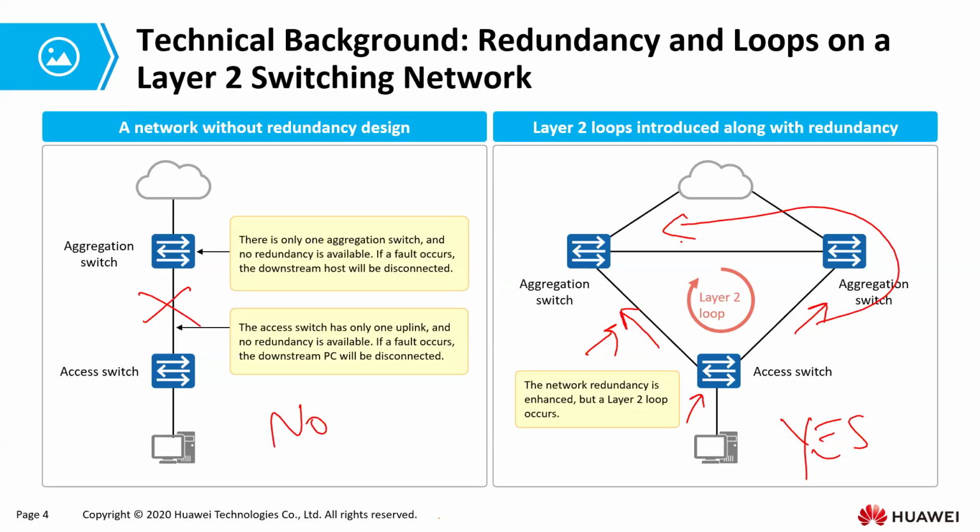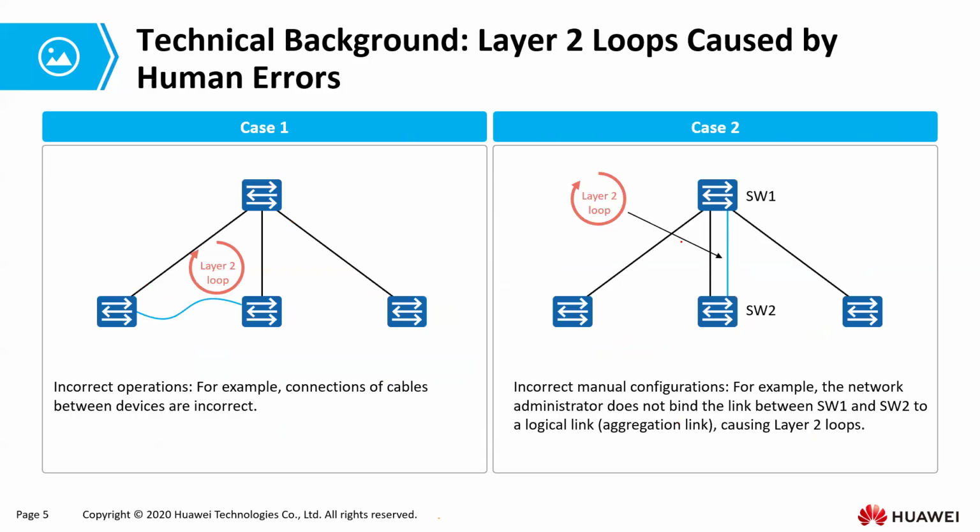However, they create what we call loops. And by definition, a loop is sort of a circular path. I think you can see from the symbol that is being used there. It's a circular path that causes all our data frames to continue moving in a circular motion.